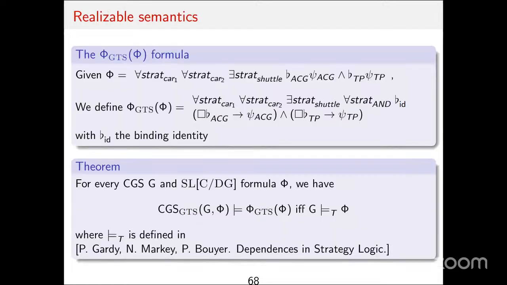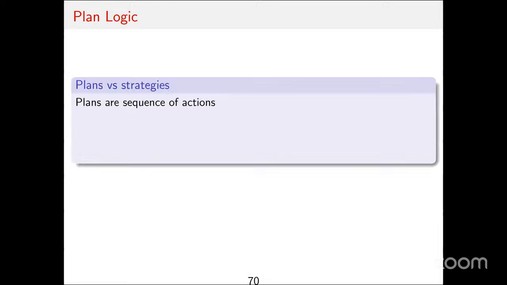This game theoretic semantics is supported by compositional semantics that I won't show in detail because it revolves around hyperteams, and hyperteams are really hard to explain in a 20-minute talk. But the point is, instead of focusing on strategies, we focus on plans.